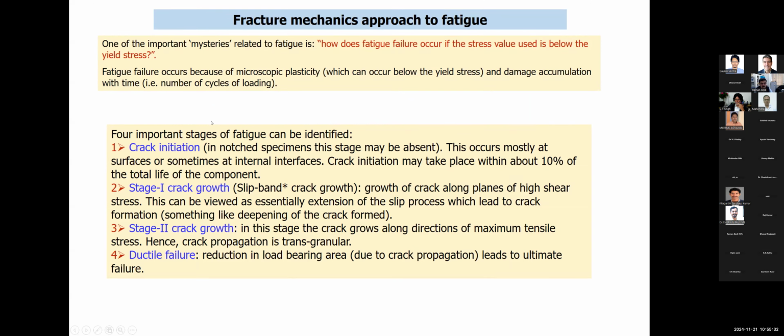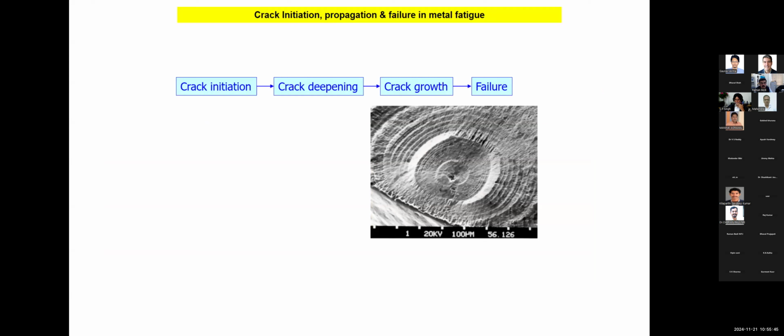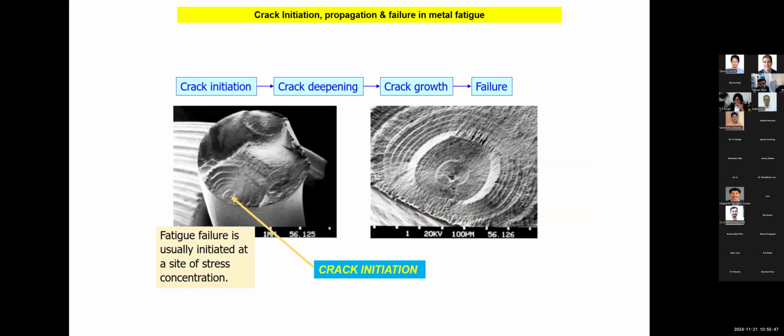I will not go into the details here because we'll spend too much time on this particular aspect. But crack initiation is what is talked about as the basic reason, or the starting mechanism, for metal fatigue. If you look at this diagram, which is the cross section of a metal specimen which has failed by fatigue failure, we find that the process is: crack initiation, crack deepening, crack growth, and then the failure.